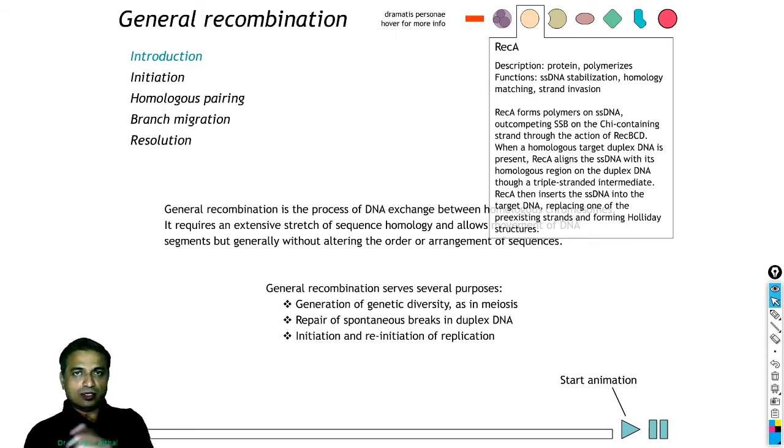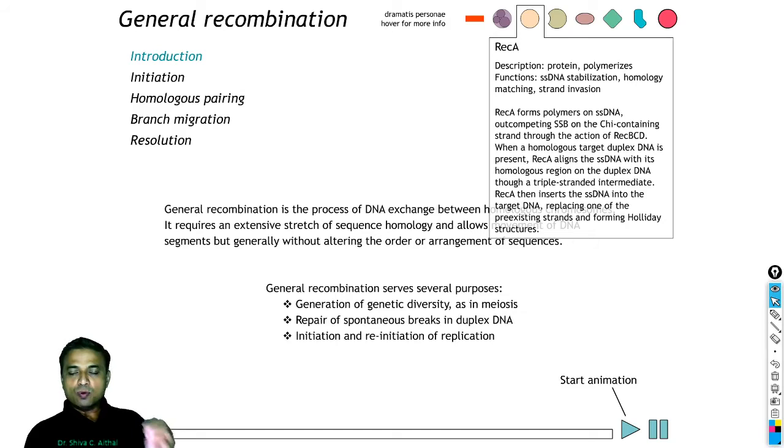That is, in the cell there are single stranded binding proteins which come immediately if single stranded DNA is encountered, but these RecA proteins will outcompete them, move the single stranded binding proteins aside and function in their place when general recombination is taking place, and this takes place eventually on the chi containing DNA region, the chi containing strand.